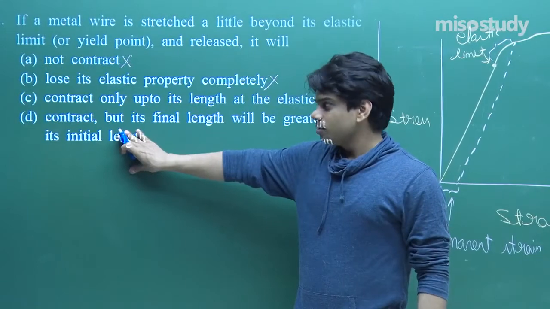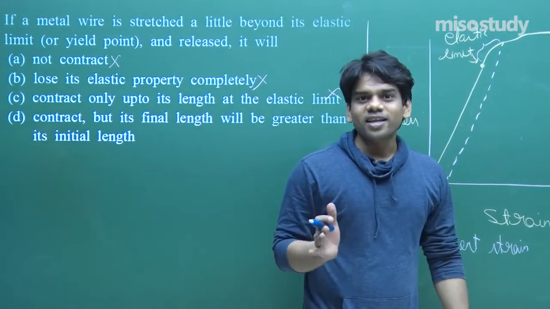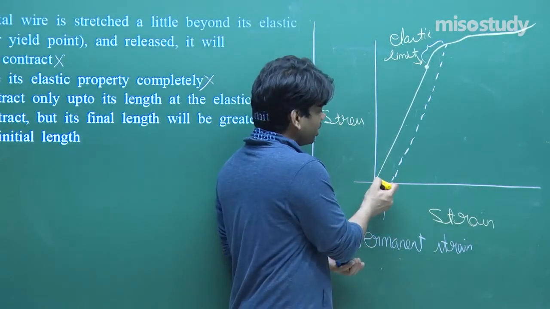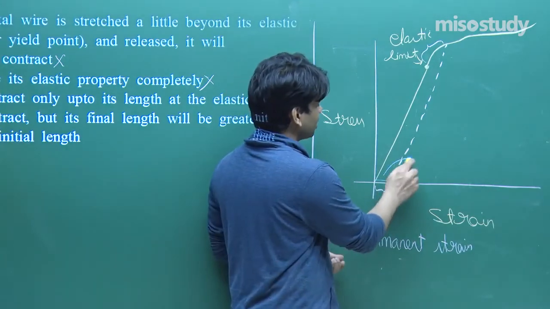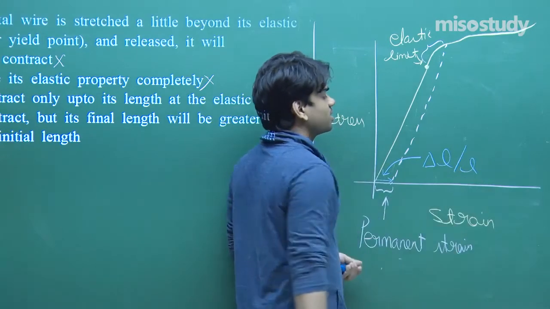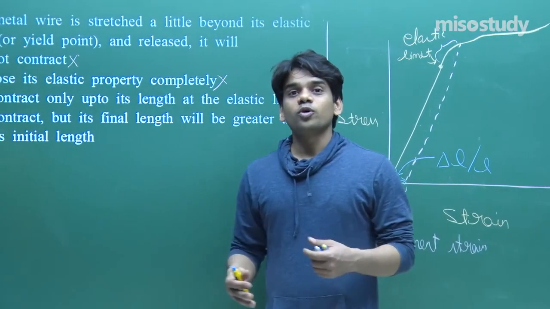D, contract, but its final length will be greater than its initial length. Yes, its final length will be greater than the initial length because a permanent strain comes. That means there will be an extension in the length, so the length will be more than the initial length.